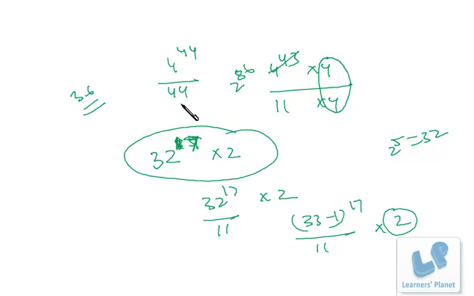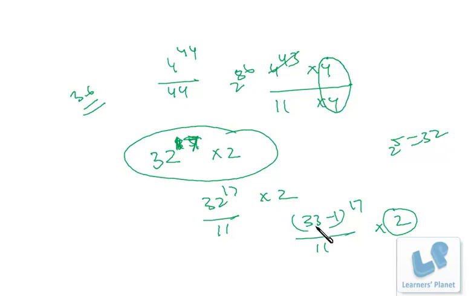I'll explain it once again. Listen to me carefully. 4 to the power 44 divided by 44. I have taken 4 as common. Now 4 to the power 43 can be written as 2 raised to 86, because we have 2 raised to 5 as 32. So I'm trying to convert this 86 into multiples of 5. So that's actually 2 raised to 85 into 2. Now 2 raised to 85 can be written as 32 raised to 17. 32 is closer to 33, so that can be written as 33 minus 1.